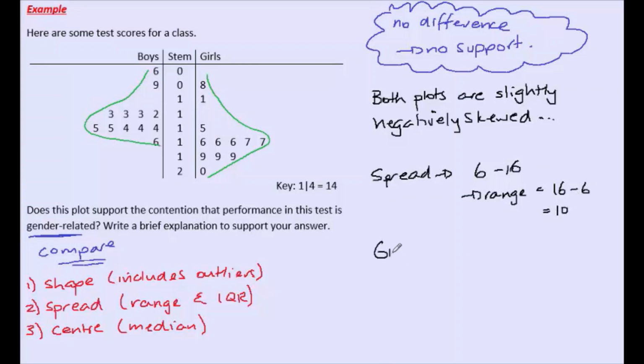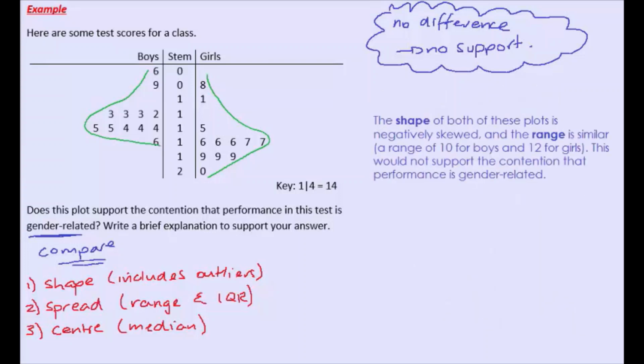For the girls, the spread is from 8 to 20. So therefore the range is 20 minus 8, which is 12. So for the girls, the range is slightly higher. Now this could support it, although it's not a very high range. So let's start making some other notes.